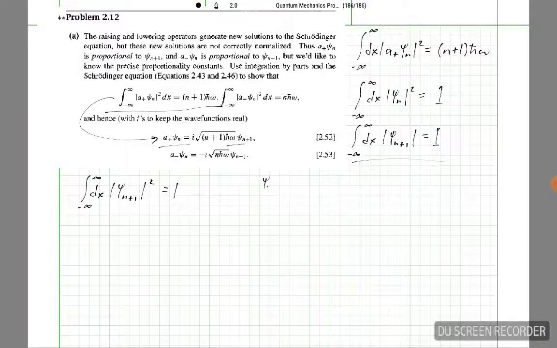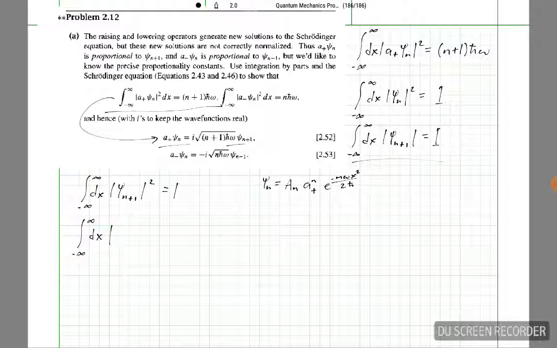That's where I know that my psi n is A n, the raising operator applied n number of times. So now I'm just going to replace that in here. So I have n plus 1, so that's n plus 1.